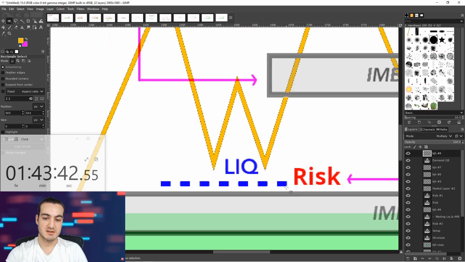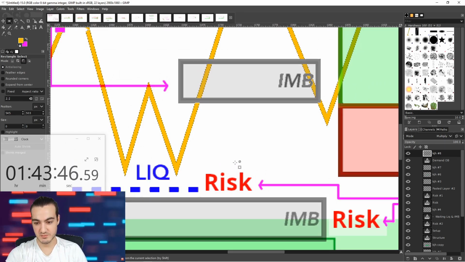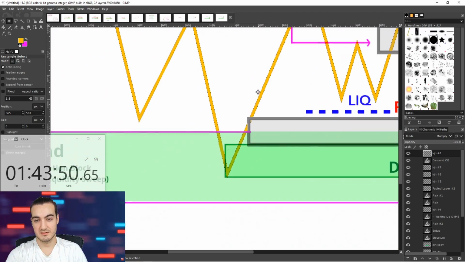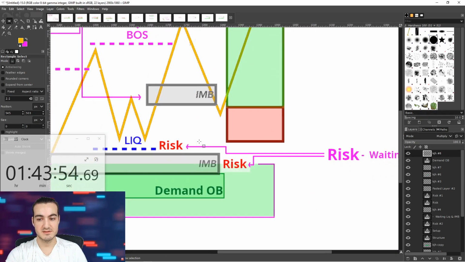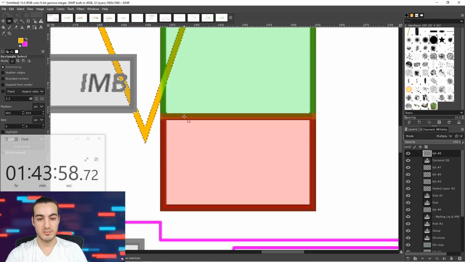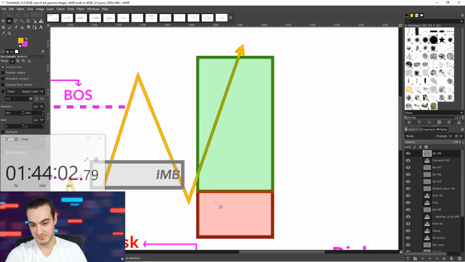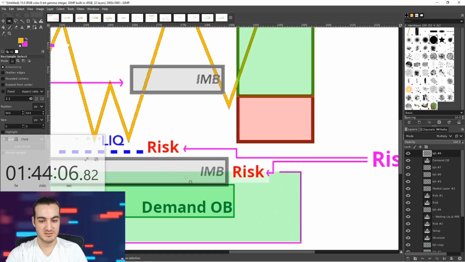This suggests a liquidity level that could be hunted, as well as an imbalance that was formed before the break of structure. So we have these two risk factors below our long, and they pose a threat to our stop, because price will be naturally drawn to them.